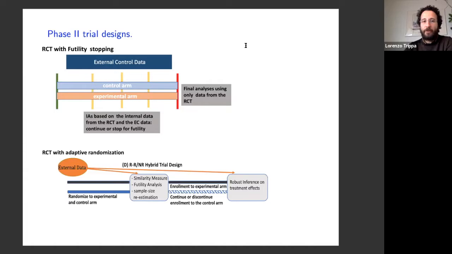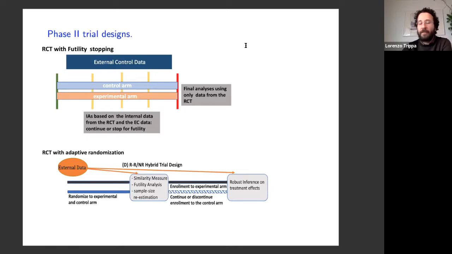Here, another figure. The main point I want to make here is that it is not true, as Frank was mentioning, that we can use external data only to replace randomization. There are several other great things that we can do in a trial to make it more efficient. Here, one example at the bottom of this slide represents a hybrid design. That's what Frank was mentioning.